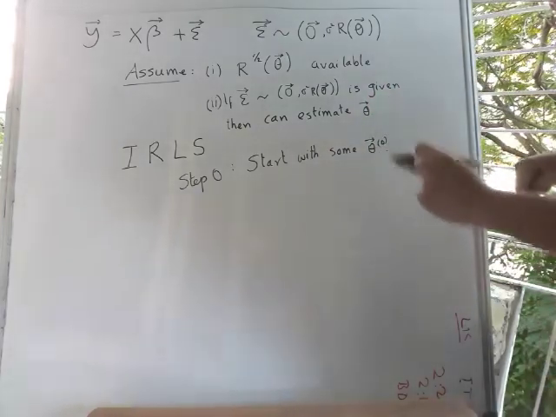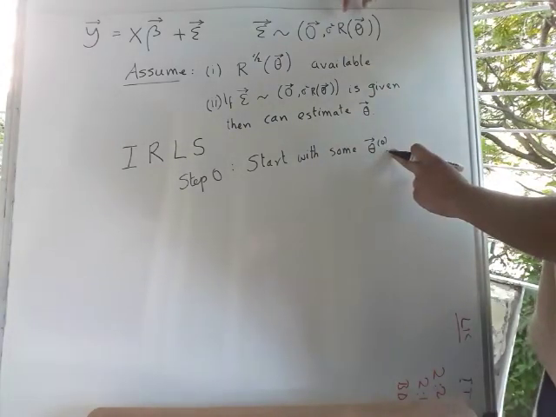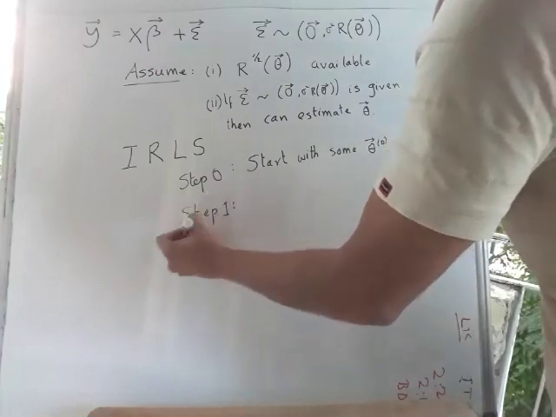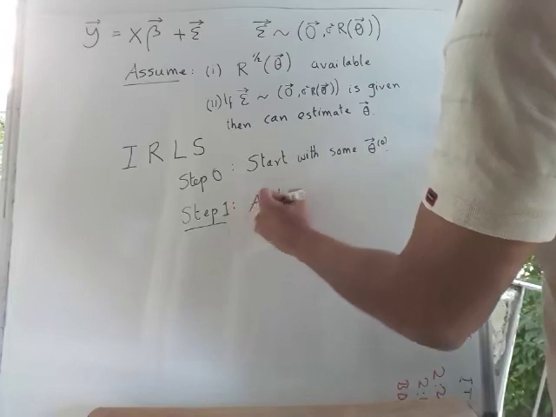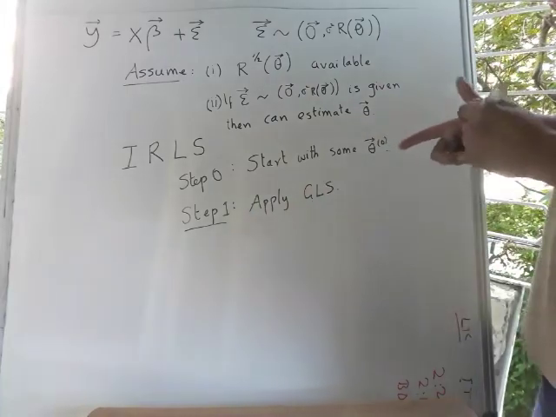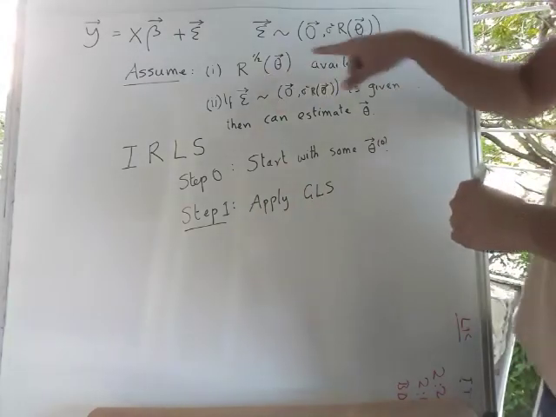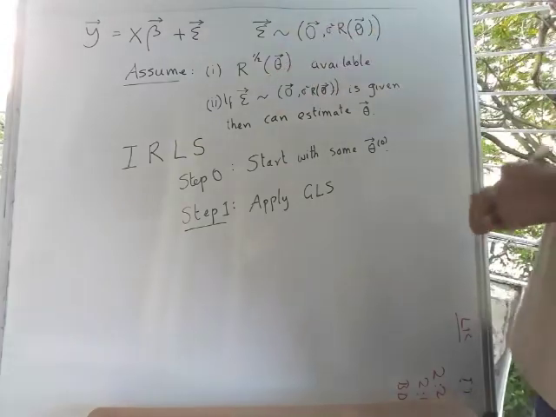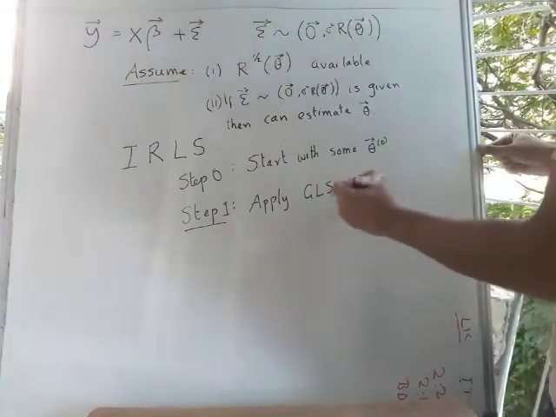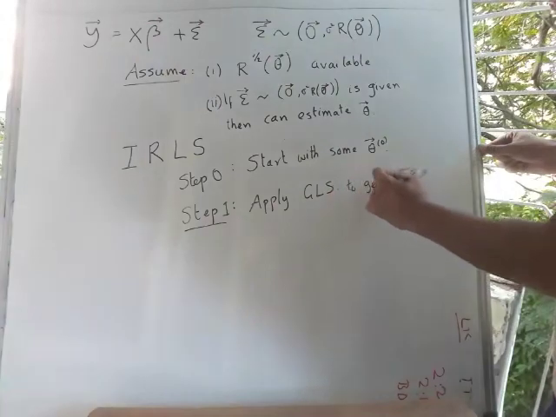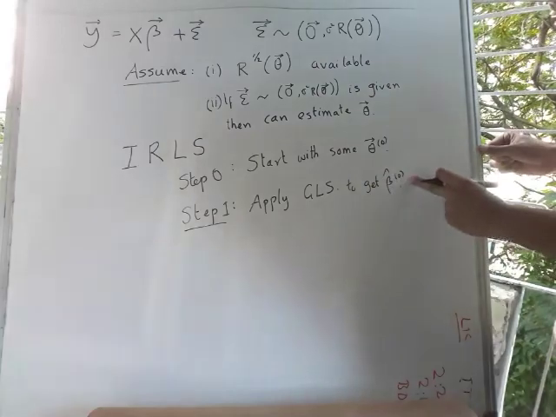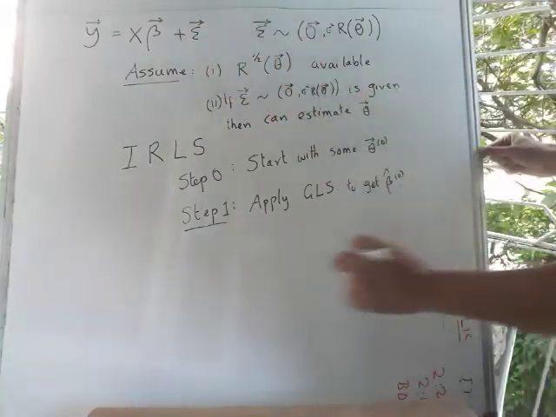So start with some theta 0, and once you have this, you are in a position where you can apply GLS. So step 1, apply GLS. And when you apply GLS, you will need to compute the Cholesky square root or some square root of R, which is analytically available. So you just put theta 0 here, and that does it. Once you have that, you get some estimate beta hat 0. Whatever you get, plug that in to get your epsilon hat.